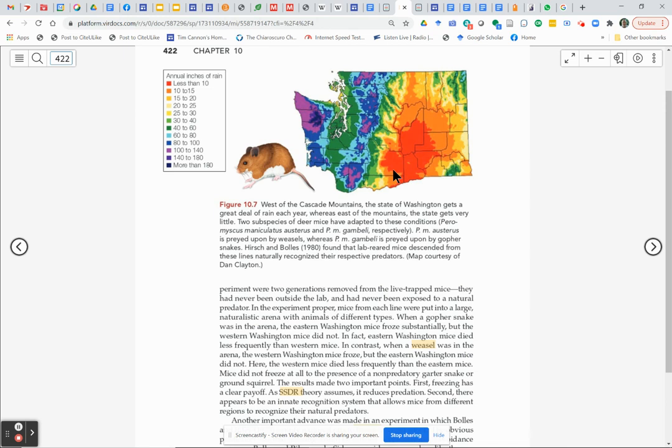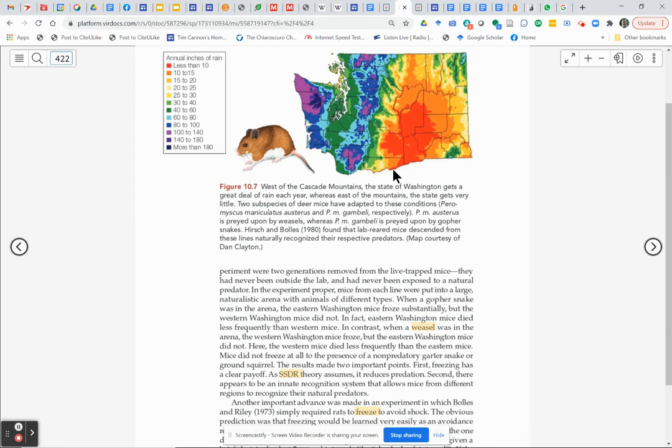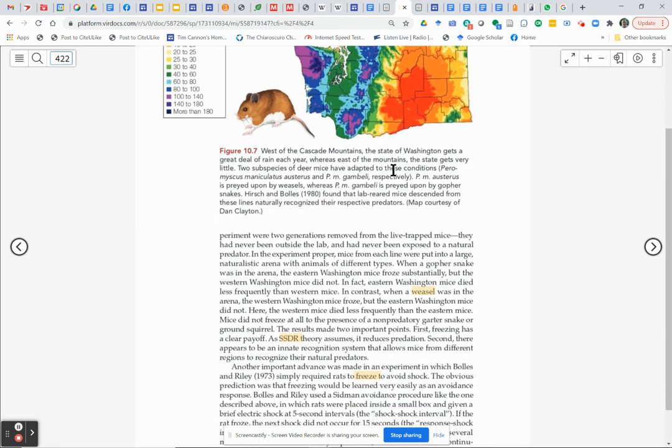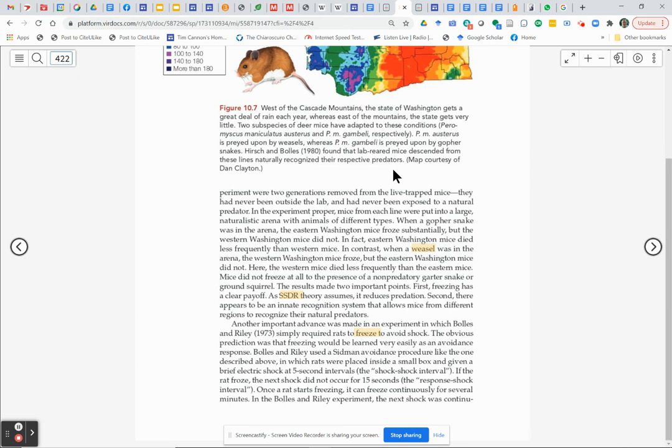So Bolles and his students captured mice from these two breeding populations and bred a few generations in an environment in which there was no predator. After a few generations, the mice had never run into predators, and they'd never run into another mouse who had run into a predator. Then they did a pretty real experiment.